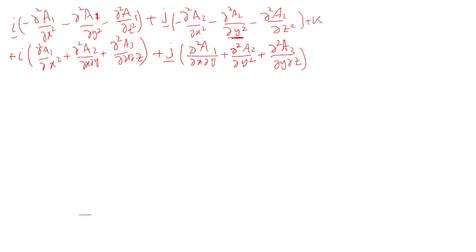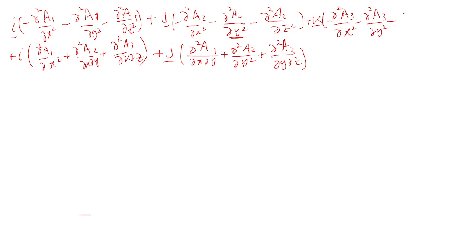Similarly for the k, this will be partial square with a negative sign a3 partial x square minus partial square a3 partial y square.